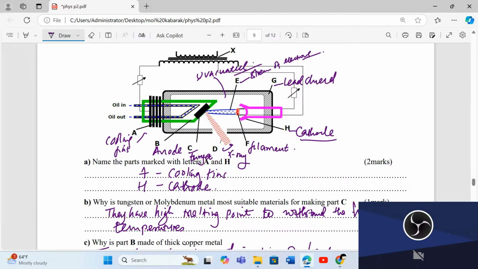So we have this oil in and out, then we have the cooling fins.